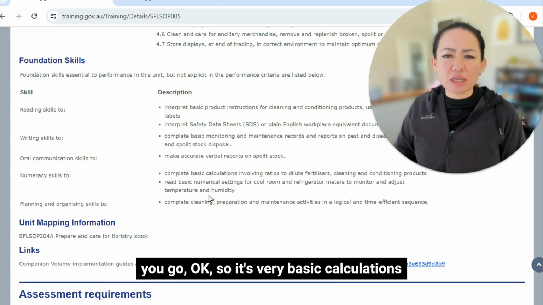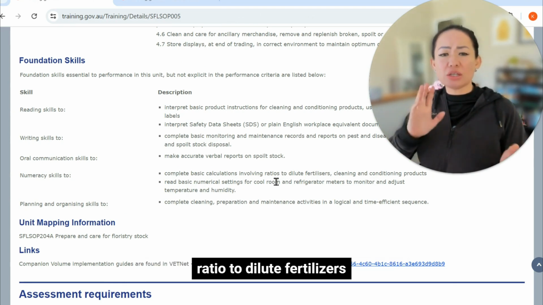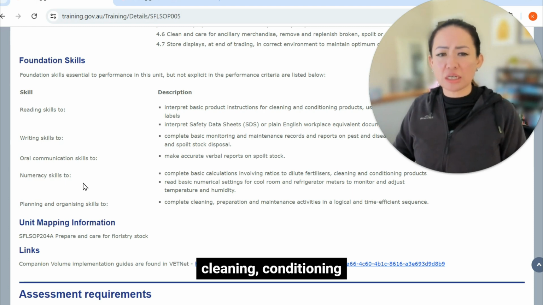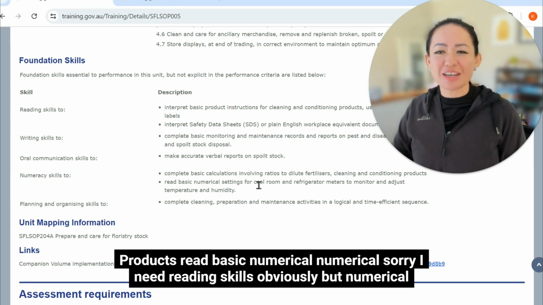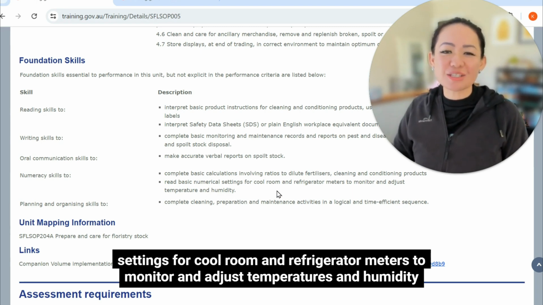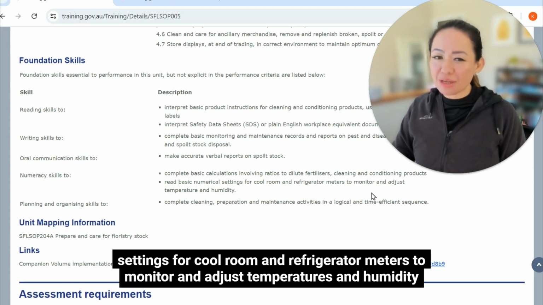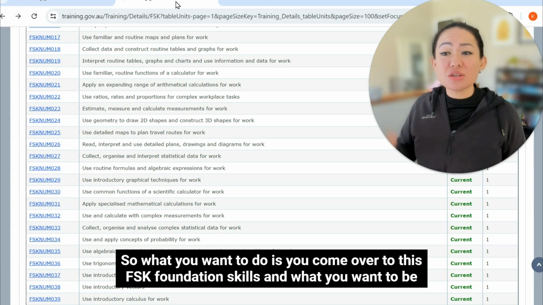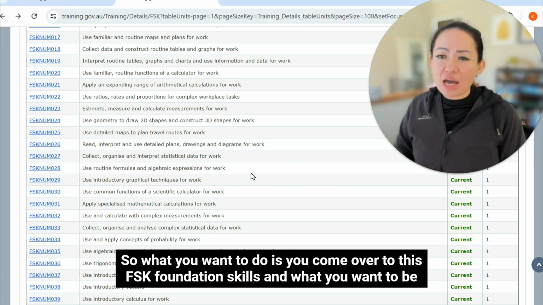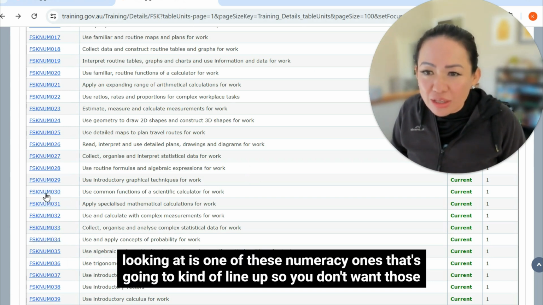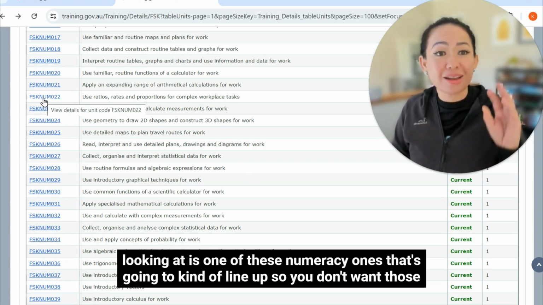And so you've got to read it. You go, okay, so it's very basic calculations, ratio to dilute fertilizers, cleaning and conditioning products, read basic numerical, sorry, I need reading skills obviously, but numerical settings for cool room and refrigerator meters to monitor and adjust temperatures and humidity. So what you want to do is come over to this FSK, Foundation Skills, and look at one of these numeracy ones that's going to line up.